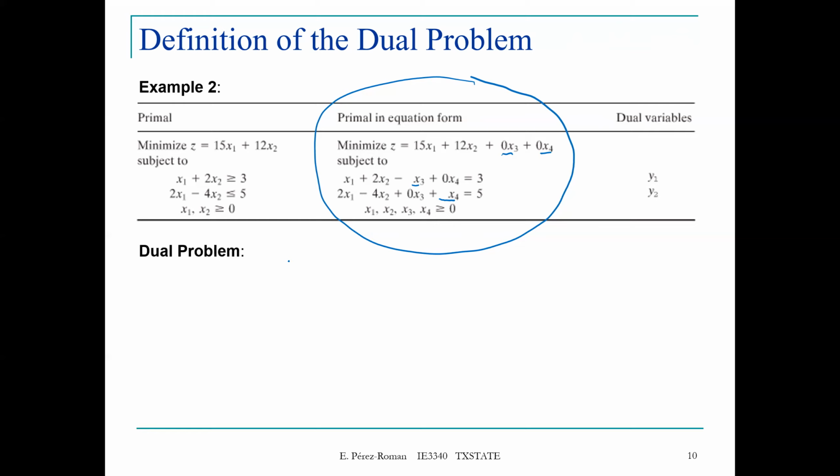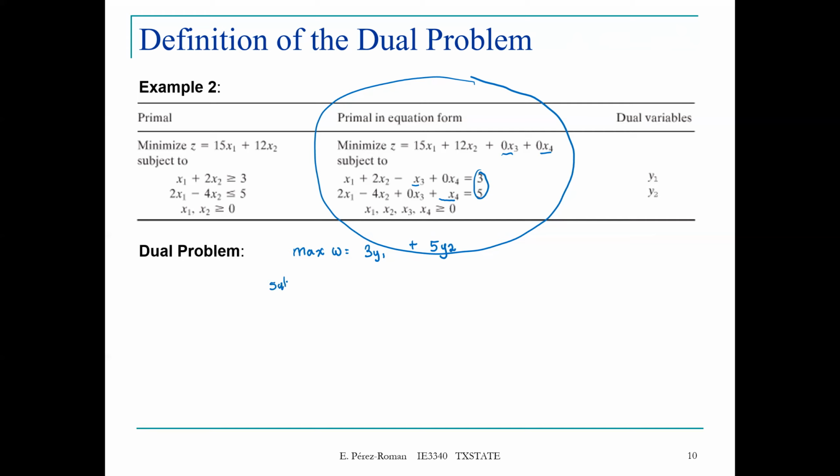So what that means is that our objective function for the dual problem is going to be a maximization, maximize W. And again, we look at the right-hand side of the constraints to find the coefficients for the objective function. So it's going to be 3y1 plus 5y2. So that's the objective function for this problem.